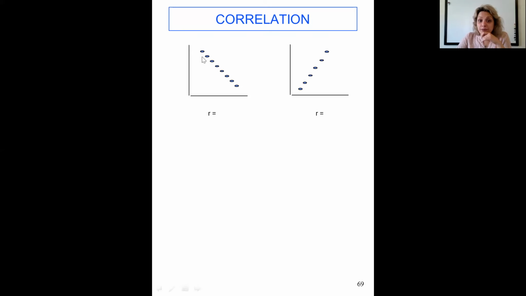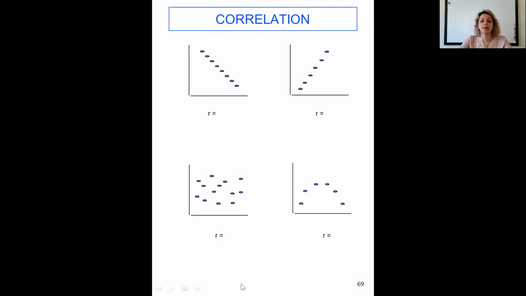Here, first of all, they have a perfect linear relation together. It's like a straight line. If we increase one of them, the other one is going to decrease. So for this one, the correlation R is equal to -1. For this one, if we increase one of them, the other one is going to increase as well. So the correlation factor here is going to be +1.